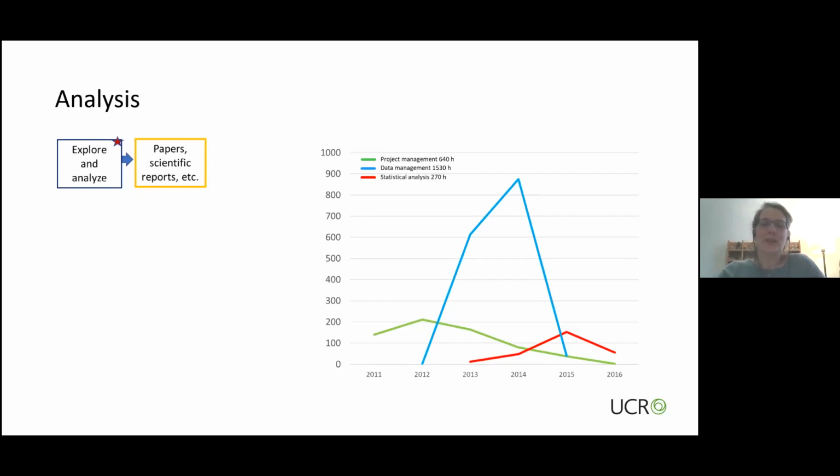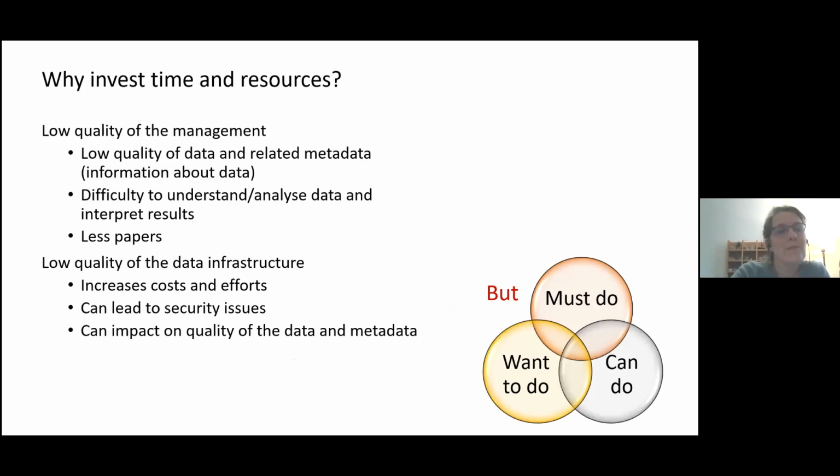Like I mentioned earlier, good data can lead to more scientific papers. Effectively, if you have low quality data, you will have more difficulty to understand and analyze the data as well as interpret the results that you will generate, and fewer papers.